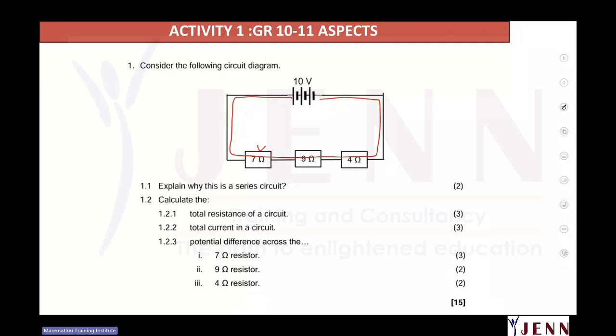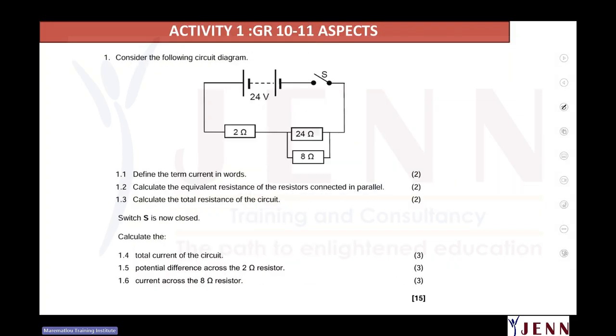So that means all these 3 resistors are connected in series. If you go here, you can see the type of connection is that the 2 ohm is in series, but the 24 and 8 ohm are connected in parallel. So the effective resistance is in series to the 2 ohm resistor. We're good? Hope we are good.